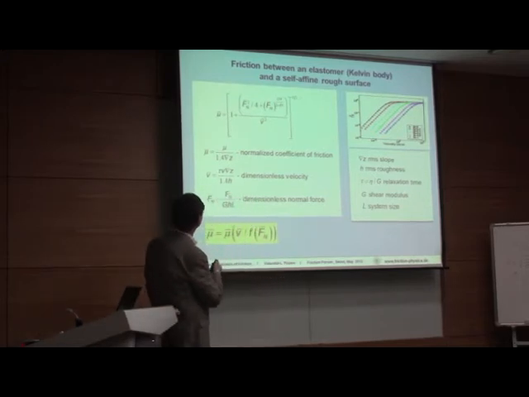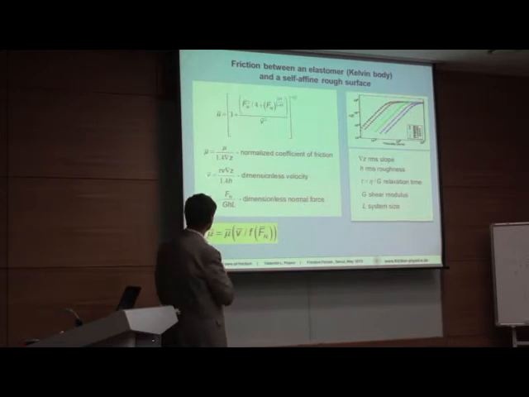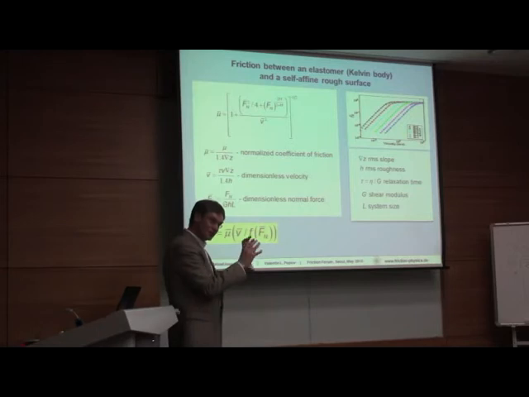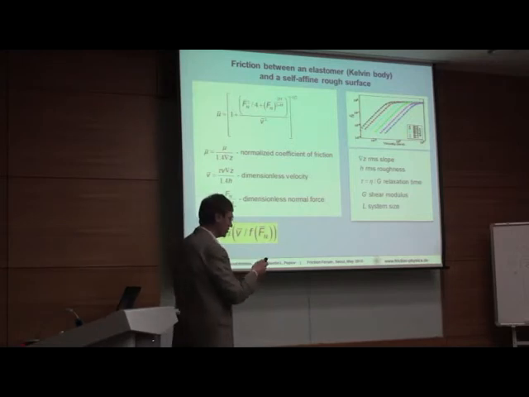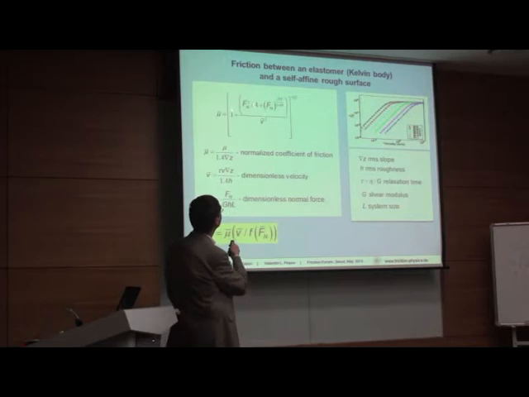So the construction is not so complicated. The friction coefficient normalized to the gradient is a function of only two parameters, velocity and force, but again dimensionless combinations, and even not of these parameters themselves, but of the ratio of a function of v and a function of F_N.